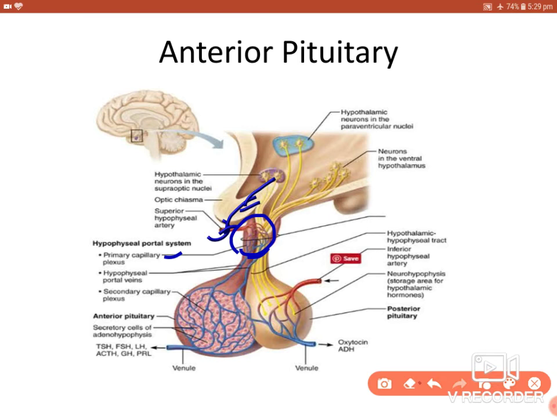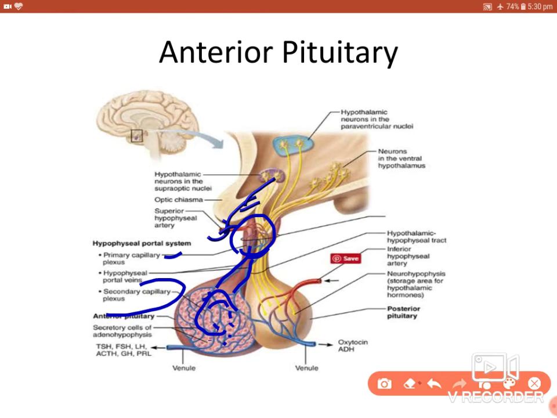From there, the long portal vessels form a plexus in the anterior pituitary. This forms the secondary capillary plexus. Now the releasing factors reach the anterior pituitary, which stimulates specific cells of the anterior pituitary. It also stimulates the secretions. This hormone stimulates the other endocrine glands.